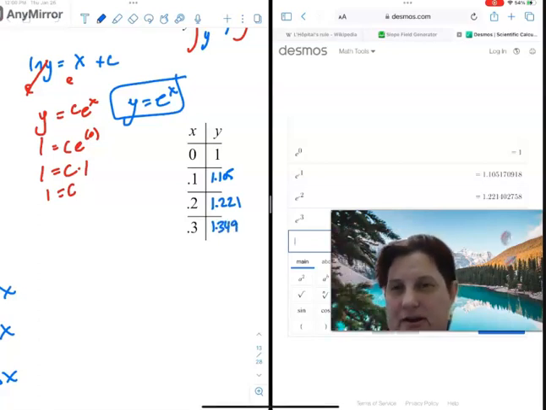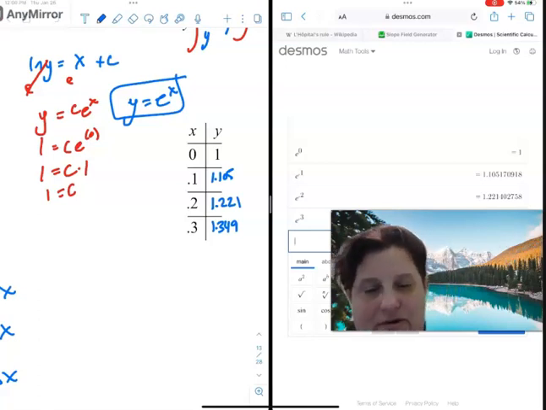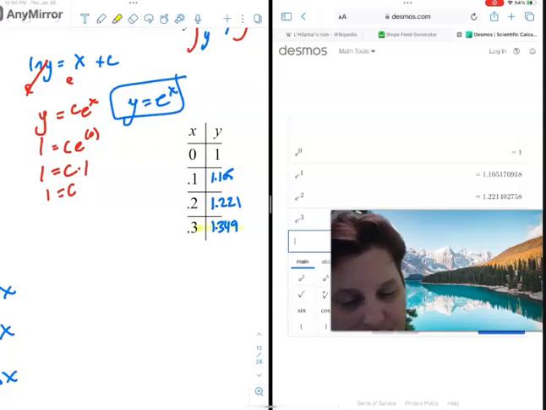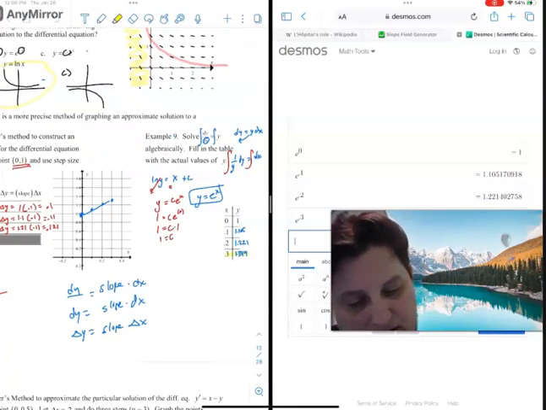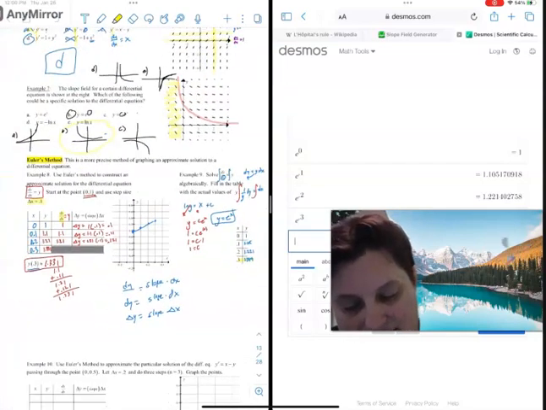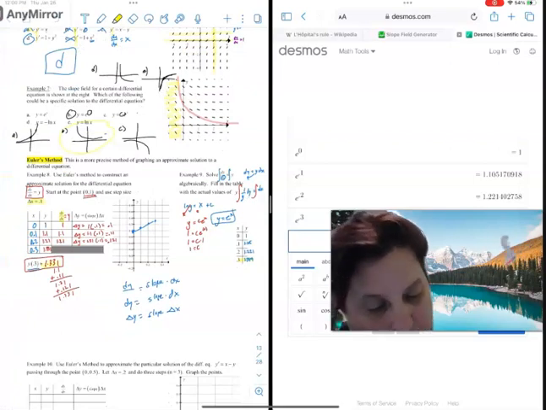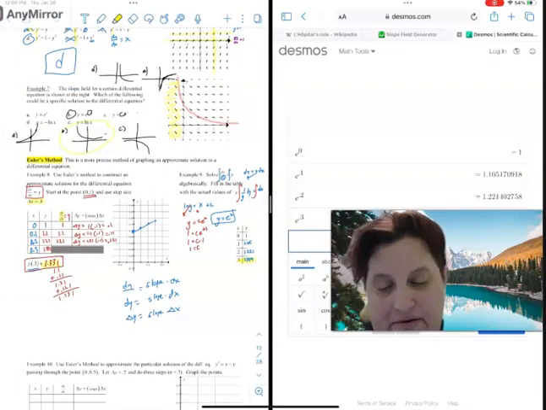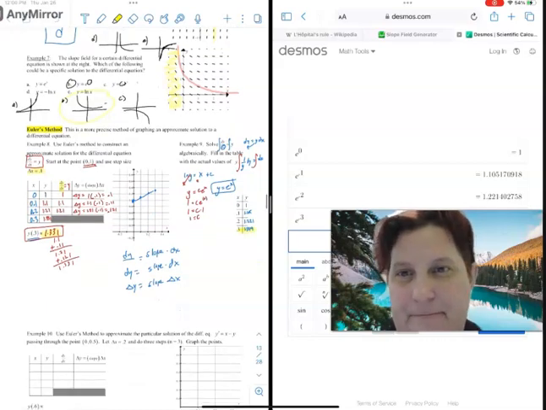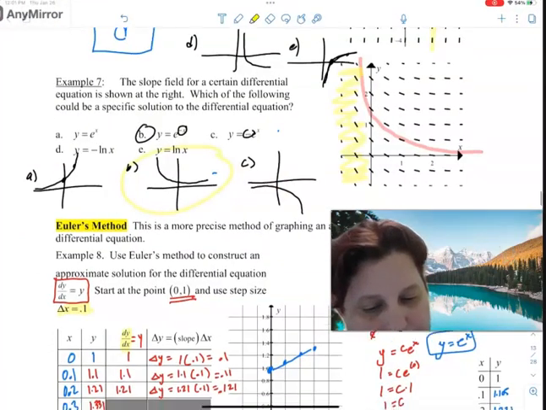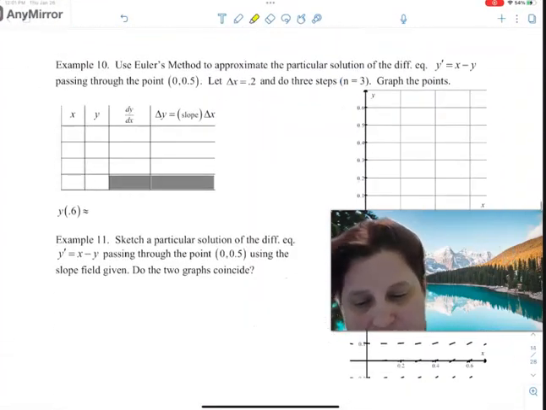Okay, so those are my algebraic values there. And you can compare that to what my approximation got me, kind of close: 1.331, 1.349. So semi-close, okay?